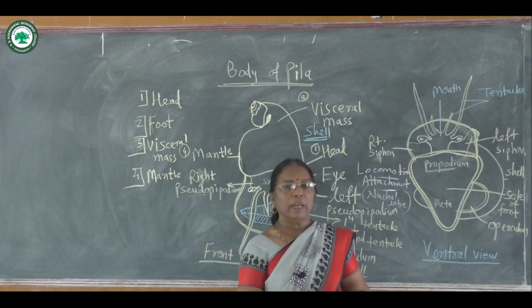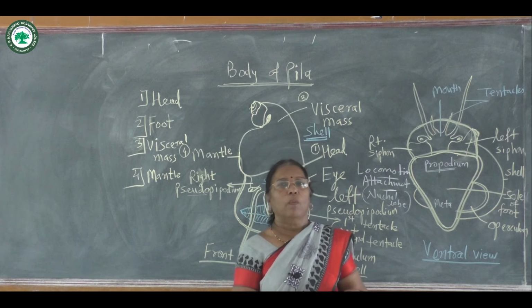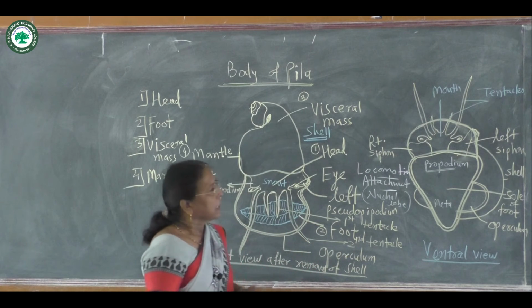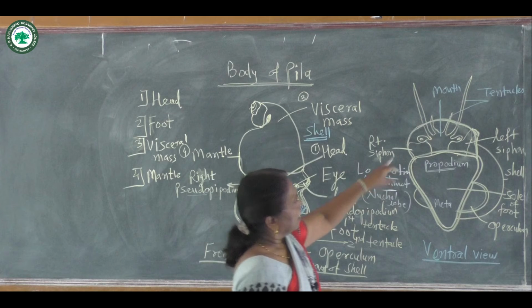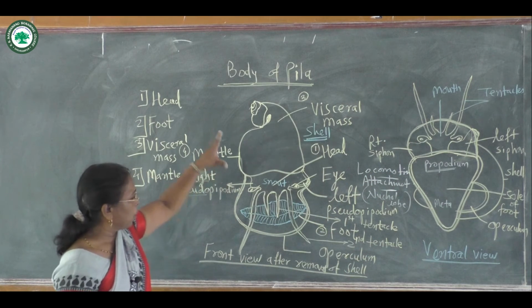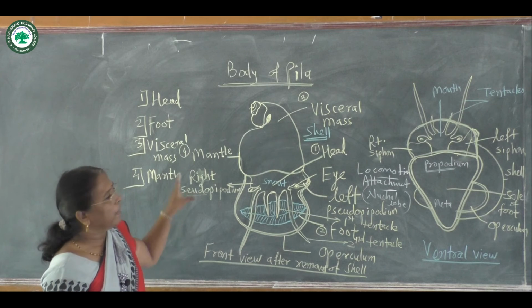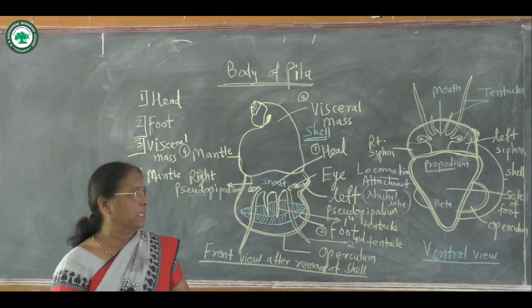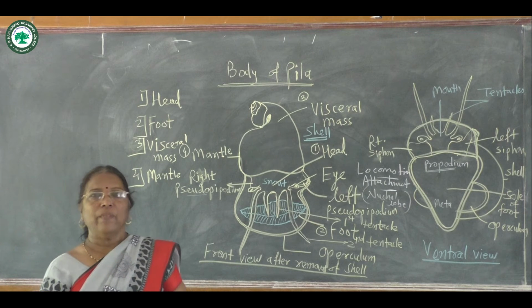Otherwise the animal is capable of feeding and locomotion coming out from the shell. This is the ventral view and the soft body parts of the animal you can see in these two diagrams.